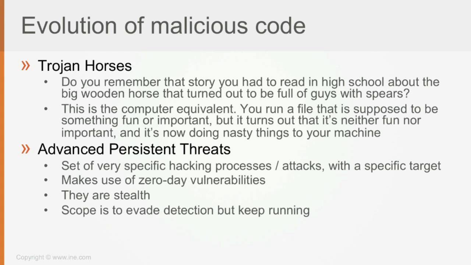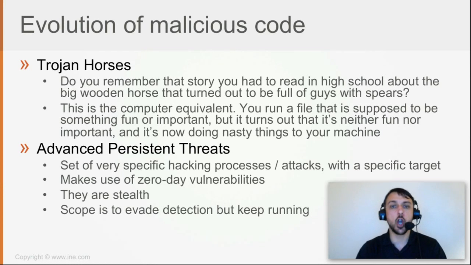And it's called persistent because the scope of such an attack is to be stealthy to begin with, so it is going to be very difficult to discover. When you infect an endpoint with an APT malicious code, it is very difficult for the network to identify that the endpoint is infected.